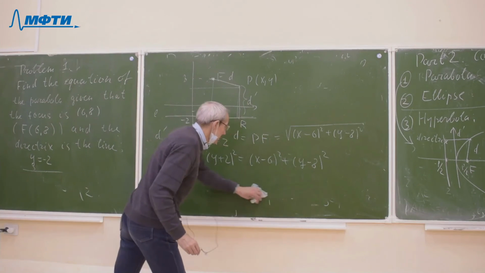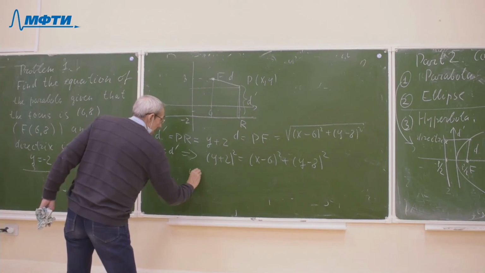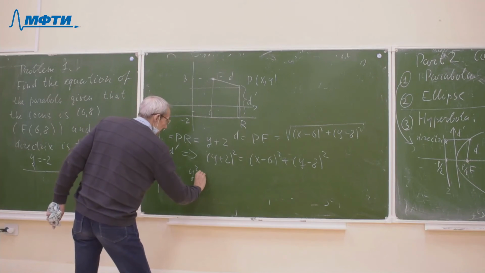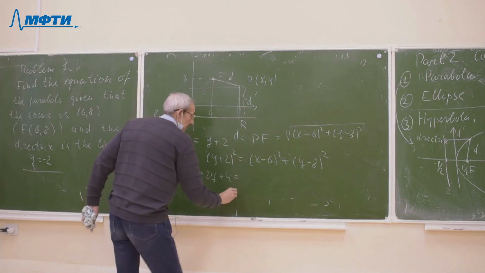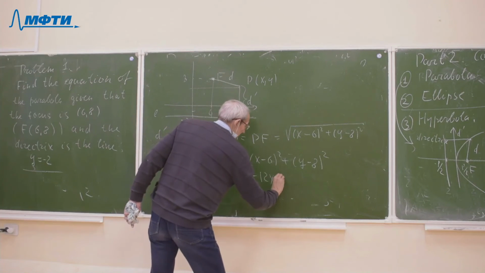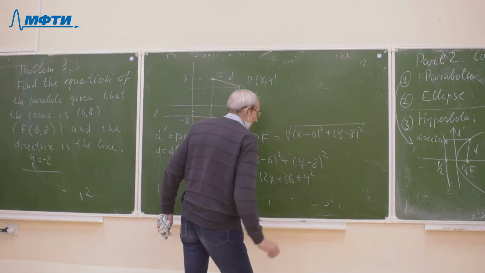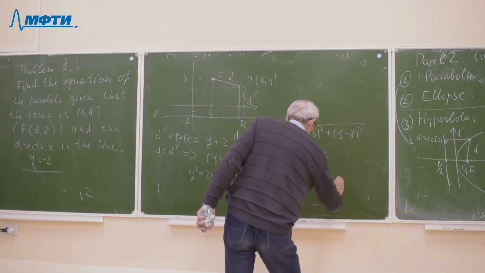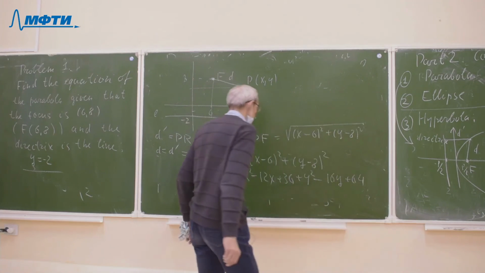And let's expand the left and right hand of this equality, and we obtain y square plus 4y plus 4 is equal x square minus 12x plus 36 plus y square minus 16y plus 64.